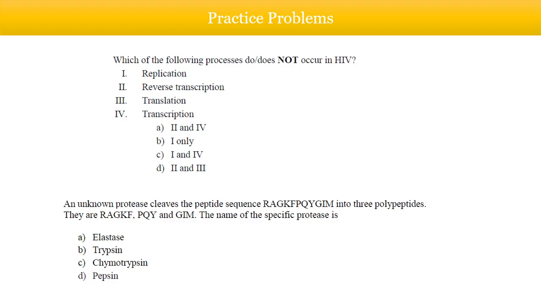Okay, so there was a bit of confusion regarding this. Anyways, an unknown protease cleaves a peptide sequence into three polypeptides. What is the name of the specific protease? You see that it has cleaved after phenylalanine, after tyrosine, after phenylalanine, and after tyrosine.